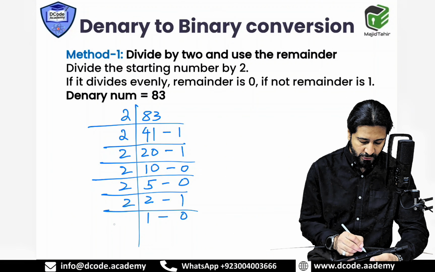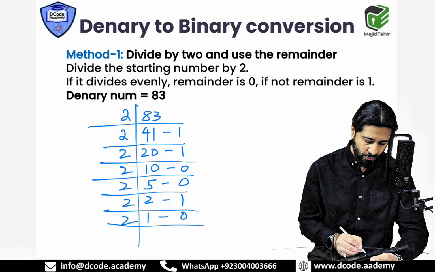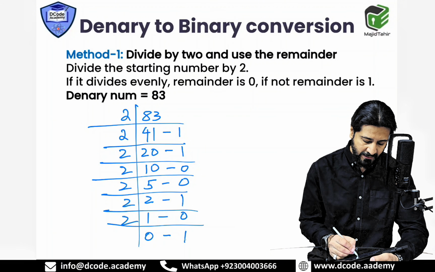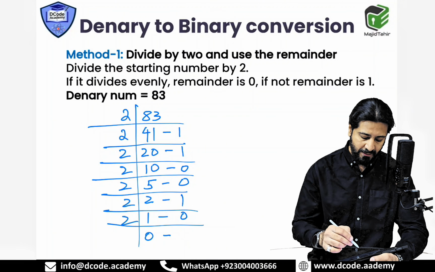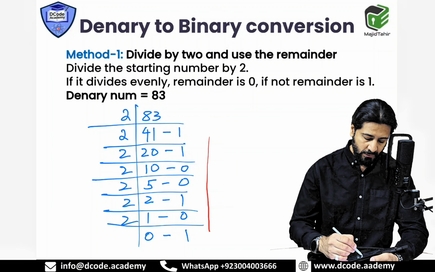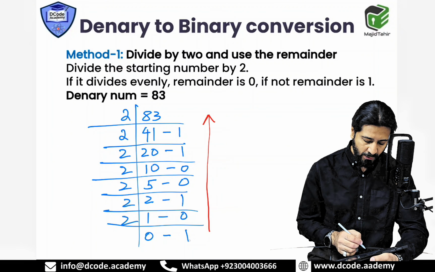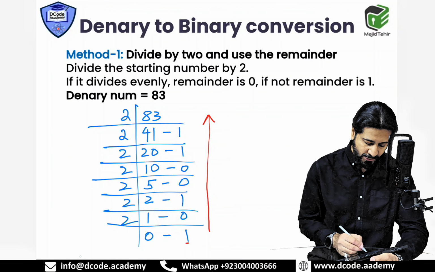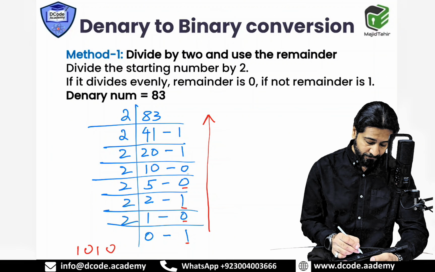Again there is no remainder. So 0 comes. 2 zeros are 0, and then take this one in the remainder, and then write them upside down. Means this 1 is going to come first, then this 0, then this 1, then this 0, then this 0, then this 1, then this 1.